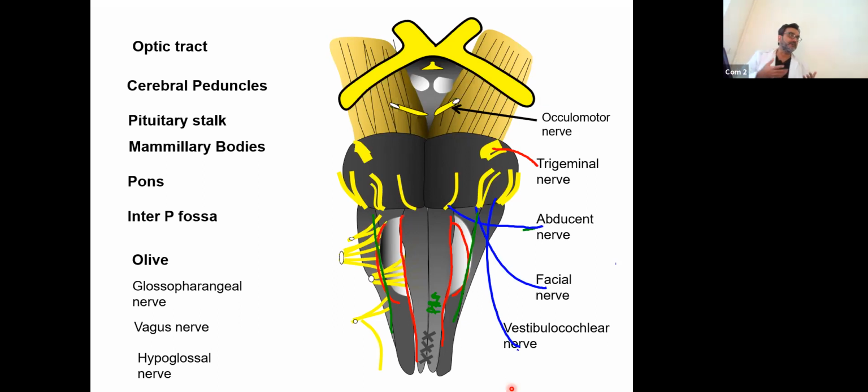When we talk about the blood supply of the brain, the circle of Willis is important. The brain is supplied by two systems. One is the vertebral artery, which comes from the subclavian. The other is the internal carotid artery. So the branches of the internal carotid and the branches of the basilar system form an anastomosis in the interpeduncular fossa, which is called the circle of Willis. Okay.